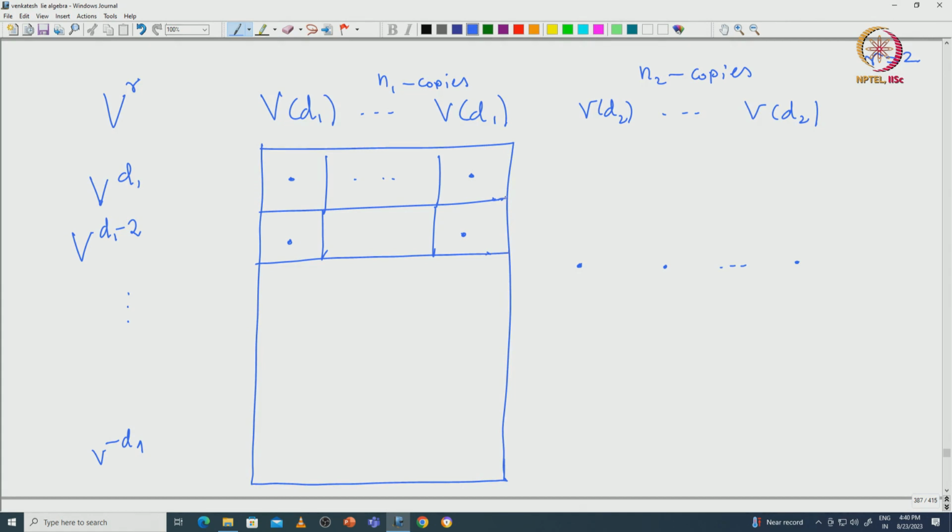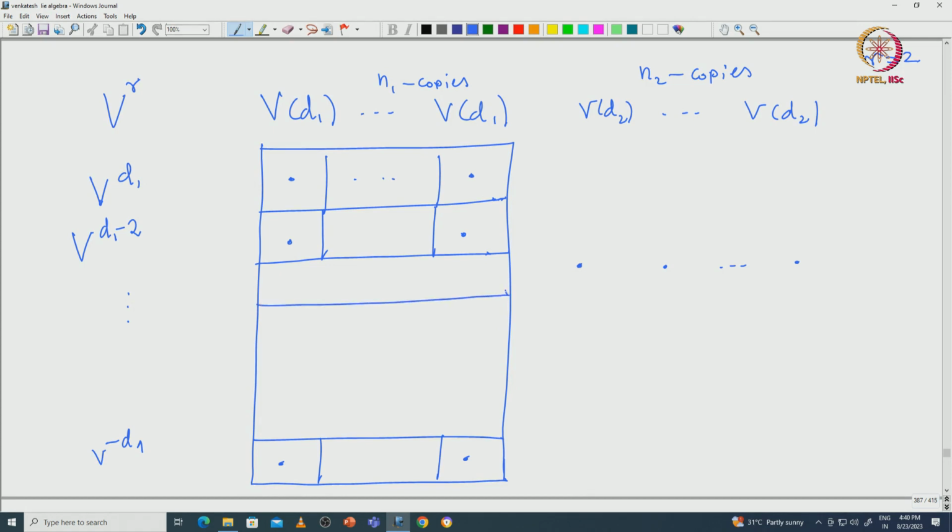This will be your row corresponding to minus D1. Now, if you go to V_D2, D2 will appear somewhere below D1, wherever it is does not matter. For example, if D2 can be obtained from D1 by subtracting an even number, then this D2 will match with one of these D1 minus 2i. In that case it will match with this box here.